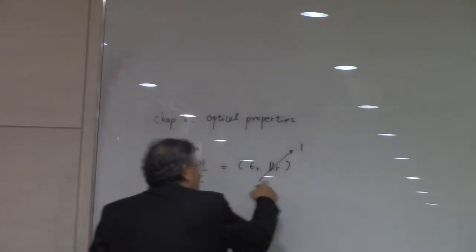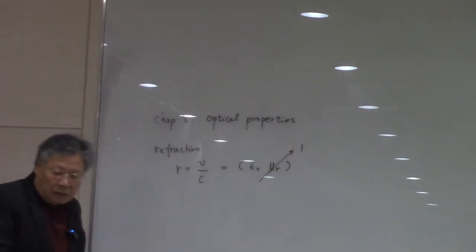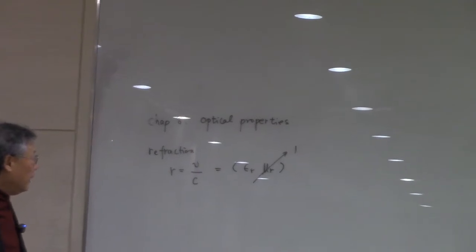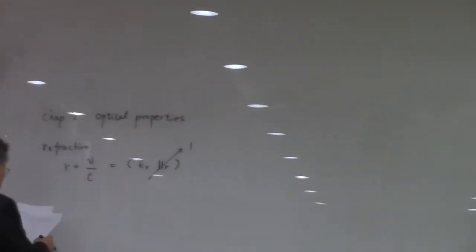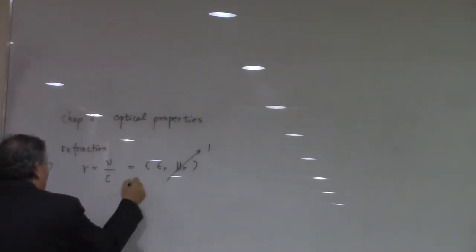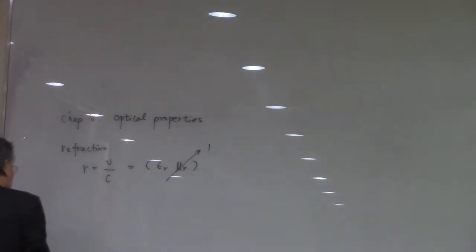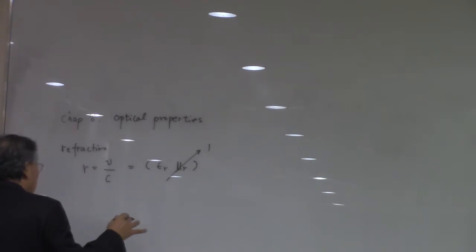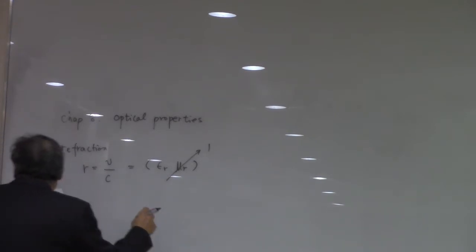This permeability is always close to 1 in the optical range. So the index of refraction is very much related to the dielectric constant of the material.